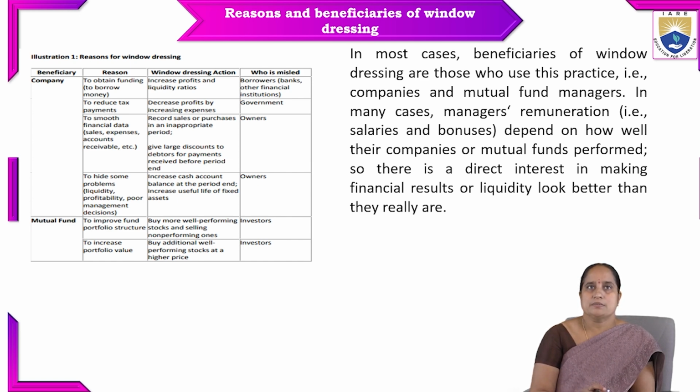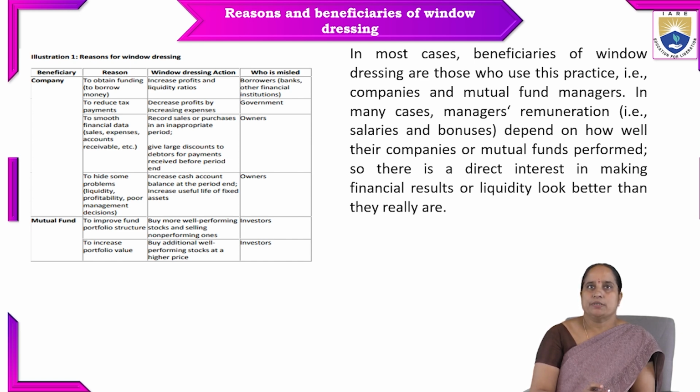Another reason is to reduce tax payments. The window dressing action is decrease profits by increasing expenses. Then they are going to mislead the government. And the third one, to smooth financial data like sales, expenses, accounts receivables, etc.